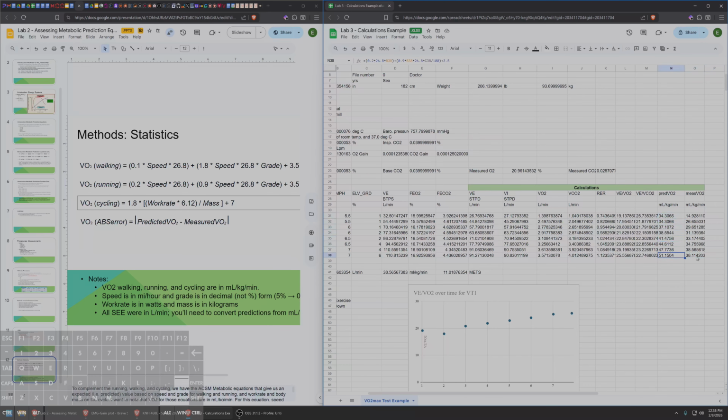Based on this data, this person reached max around here, and it's about 9 milliliters per kg lower. That could be true, it's a little bit low. This person might have reached max, although they might have quit just a little bit early based on the protocol too. If we had a more gentle protocol, we might have captured it a little bit better, say if this person did the walk to jog versus the jog.